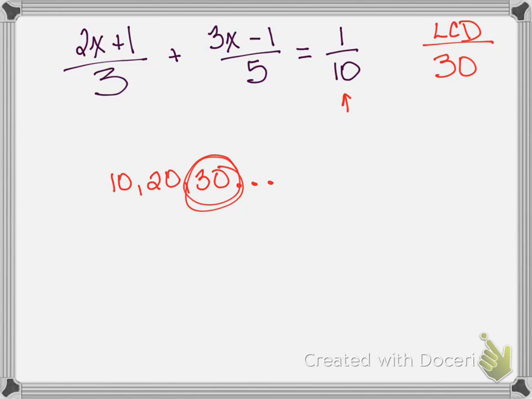Start writing down multiples of your largest number. The other thing that you can do, but it's not at all efficient, is multiply them all together. 3 times 5 is 15, and 15 times 10 is 150. That is a common denominator, but it's really ugly. Really ugly. So it's better to look at your multiples and then go.